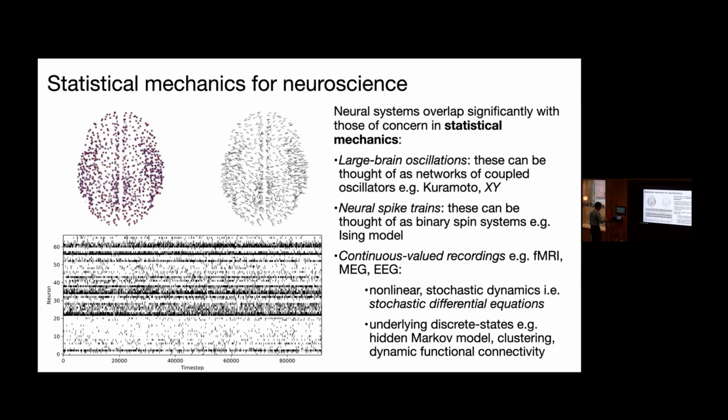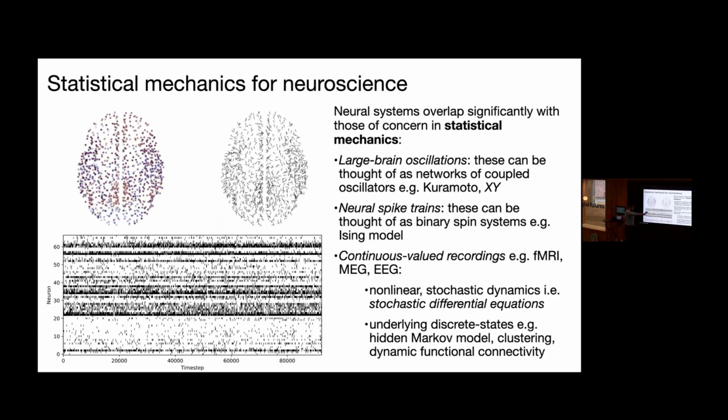In particular, neural systems mirror a lot of the stuff that people have already studied in statistical mechanics. For example, if you look at oscillations in the brain, you're in the framework of coupled oscillators or coupled spins, which have been studied extensively in statistical mechanics, and you can use things like the Kuramoto or the XY model.